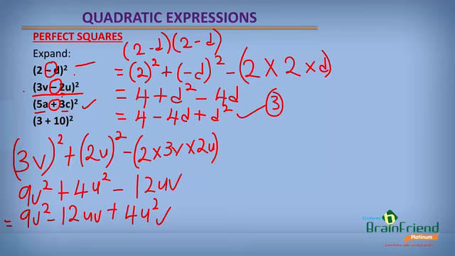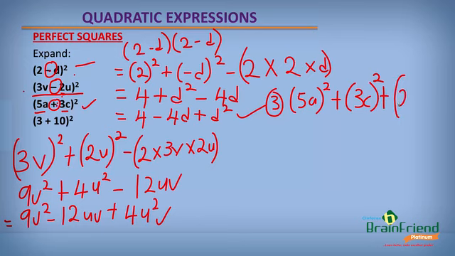So for number 3, we have (5a) squared plus (3c) squared plus, because what is in the bracket here is positive, plus twice their product, that is 2 times 5a times 3c.